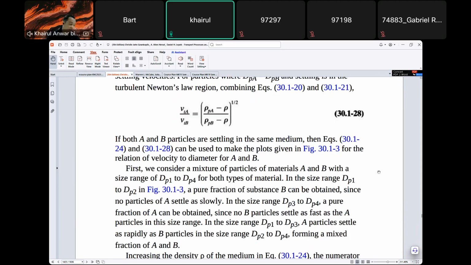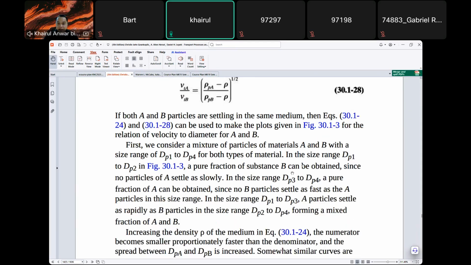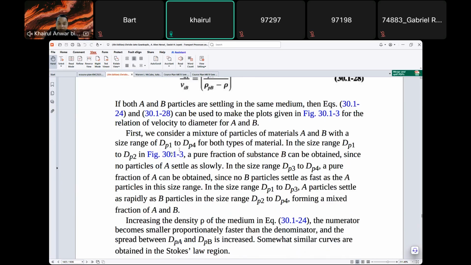Because it is settling in the same medium, we can plot the figure. First, we consider a mixture of particles of materials A and B with a size range of dp1 to dp4 for both types of material. In the size range dp1 to dp2, a pure fraction of substance B can be obtained since no particle of A settles as slowly.